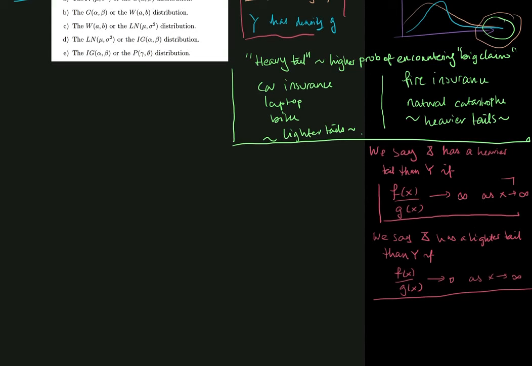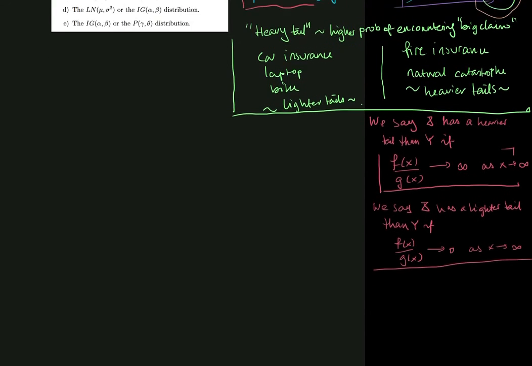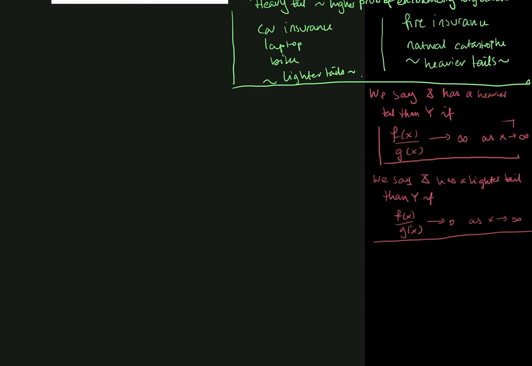Equivalently, x has a heavier tail than y if the log of the density of x minus the log of the density of y tends towards infinity as x goes to infinity.